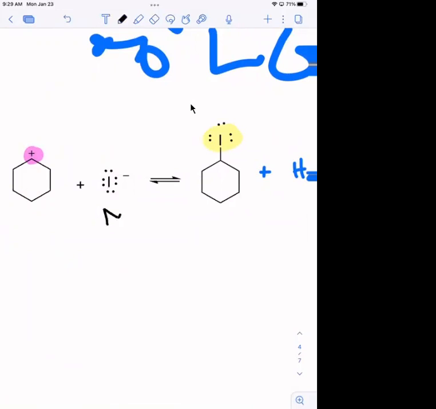Iodine is my nucleophile. This is my electrophile. Every reaction that we study, you'll be able to reduce it down to whether something is a nucleophile or an electrophile, or whether it's an acid or a base.